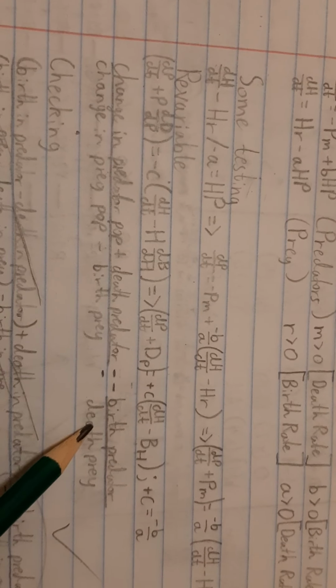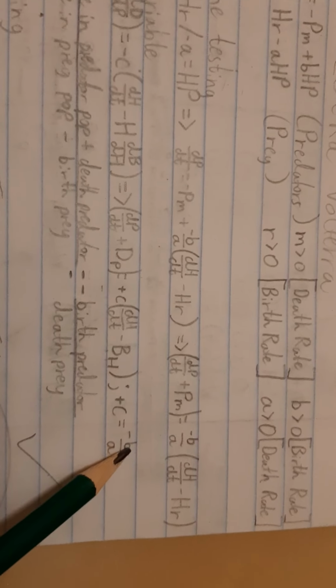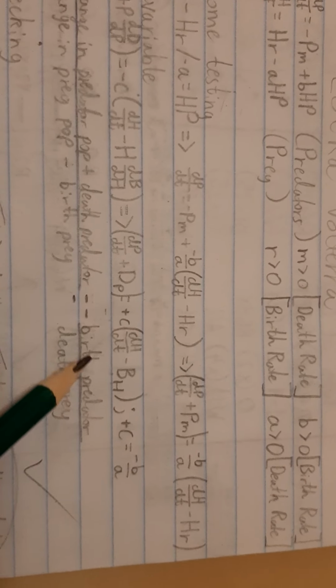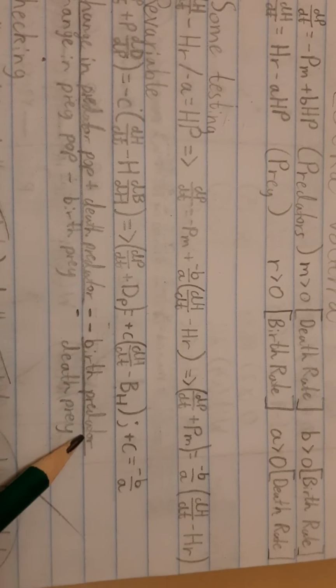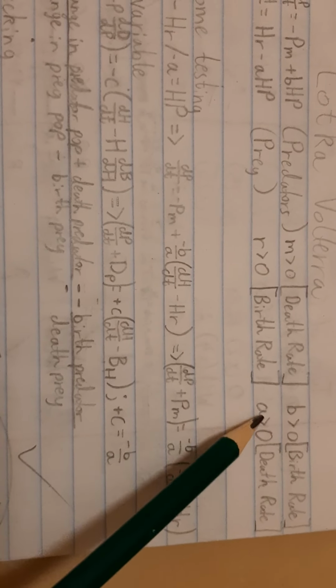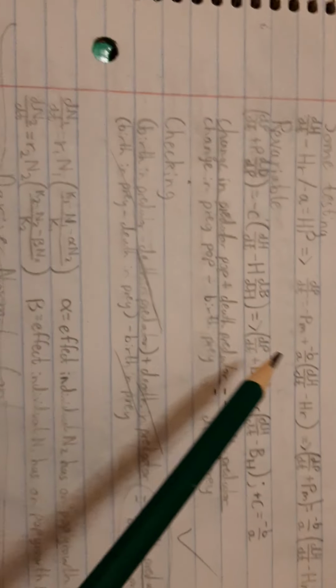We know this because of this negative B divided by A, right? So the negative births in predator, that's the B, and the deaths in prey, that's A, and that's how we defined it on the top section.